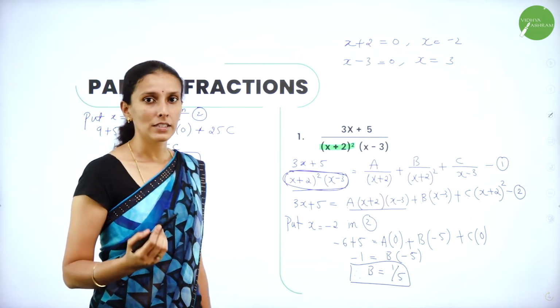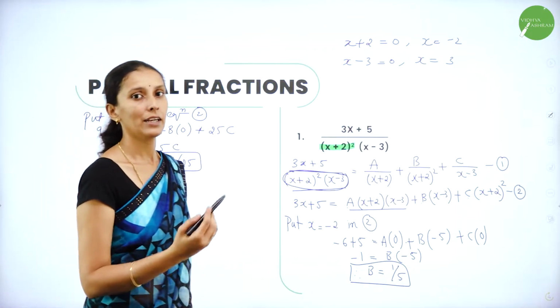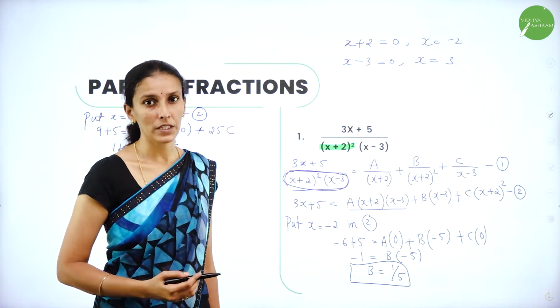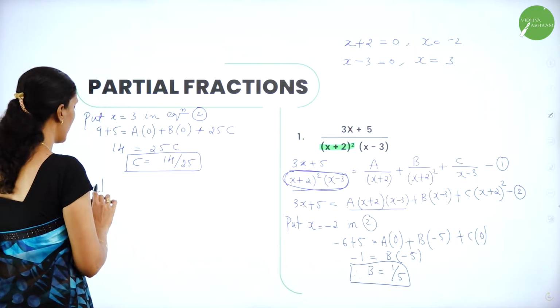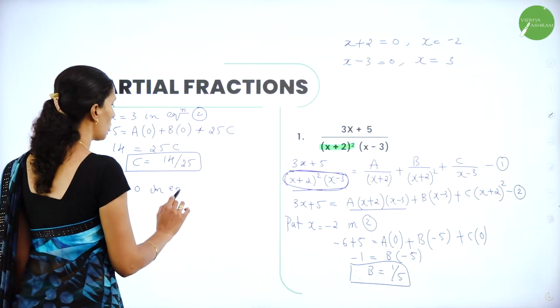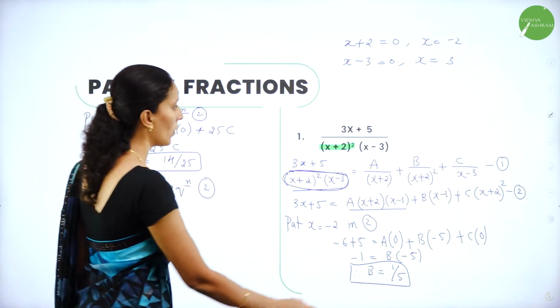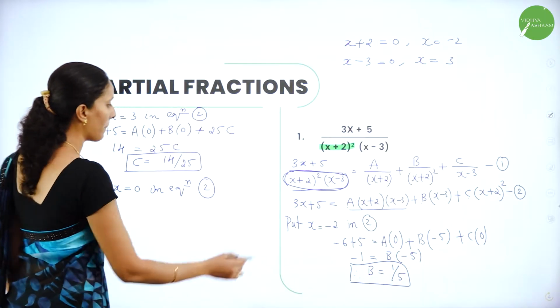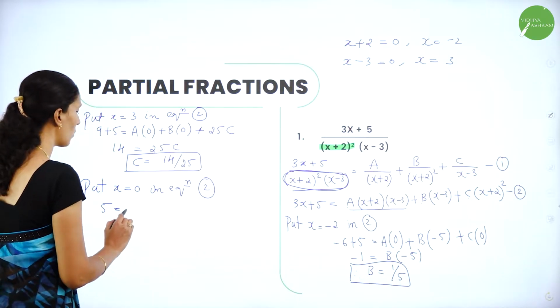Whenever you don't know what value to put in the equation, you can take a choice of putting x is equal to 0. So here I'll put x is equal to 0 in equation 2. Whenever you put x is equal to 0 in this equation, see what happens: 3 into 0 is 0. So on your left hand side, you will get only 5.